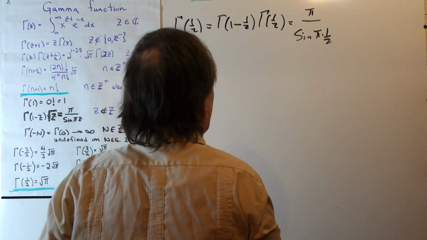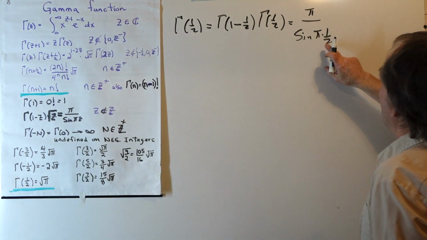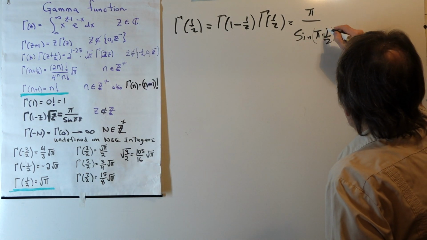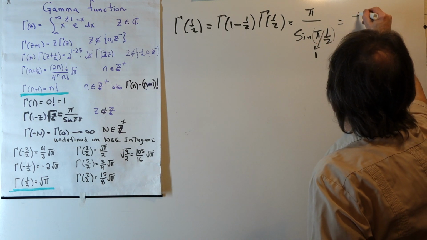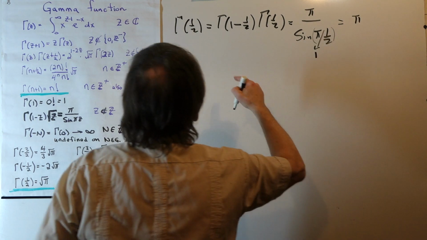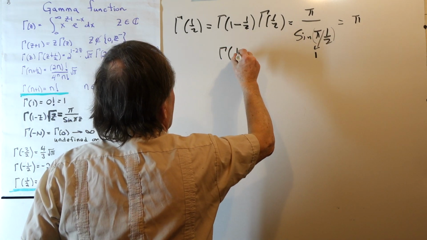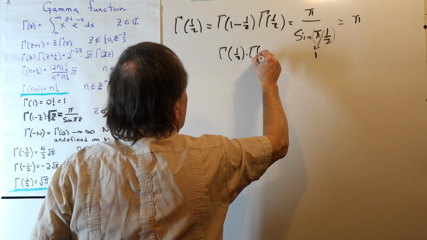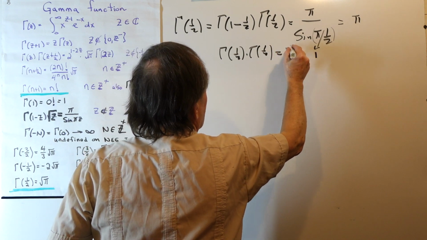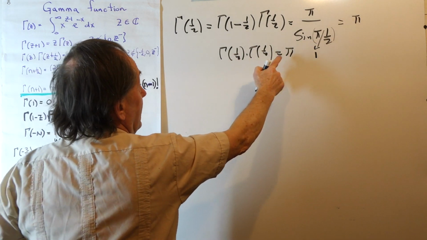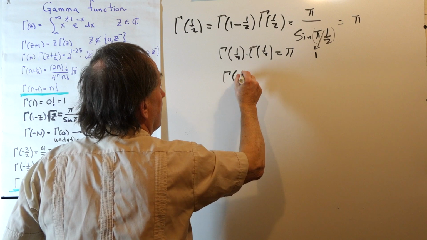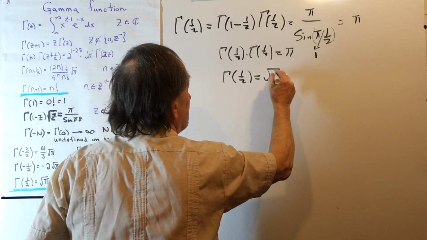In this case, z is 1/2. Sine of pi over 2 is 1, so we just get pi. Well, gamma of 1 minus 1/2 is gamma of 1/2, and that's times gamma of 1/2, and that is equal to pi. This is gamma of 1/2 squared, so gamma of 1/2 then will be the square root of pi.